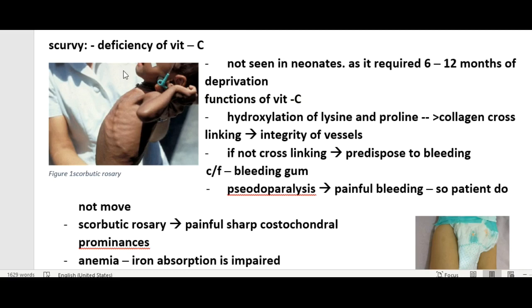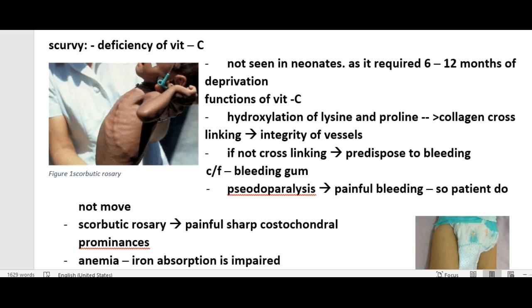And here, patients with scurvy have this scorbutic rosary. These are costochondral prominences which we can see, and these costochondral prominences are sharp, angular, and also painful and tender, which are seen in vitamin C deficiency, that is scurvy.